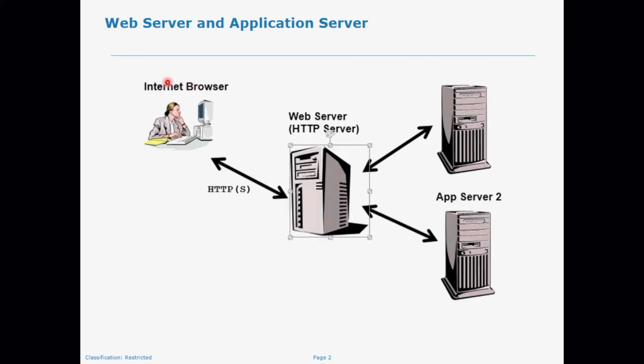So to reiterate, say you are trying to access Gmail, you type in gmail.com. By default it takes HTTP, and that request goes to the DNS server that translates your gmail.com address into the IP address.